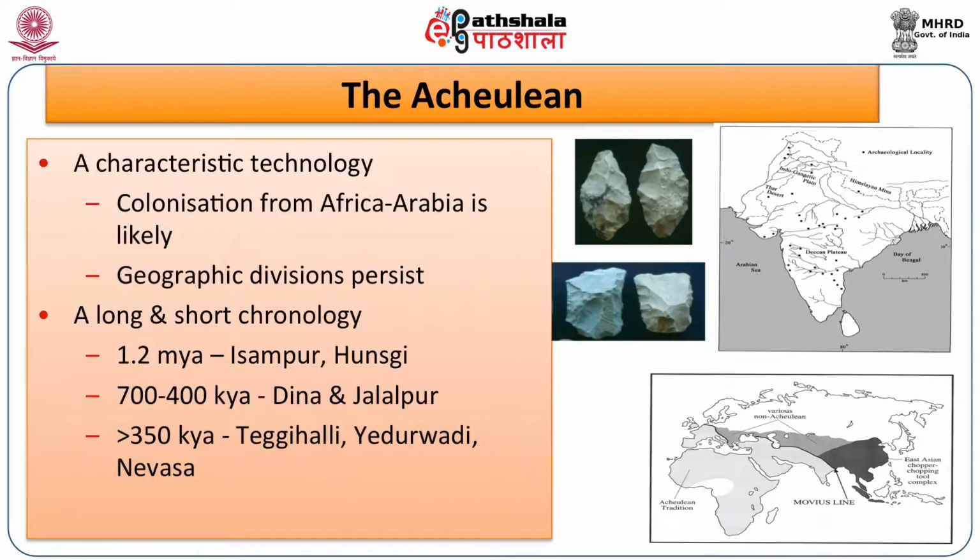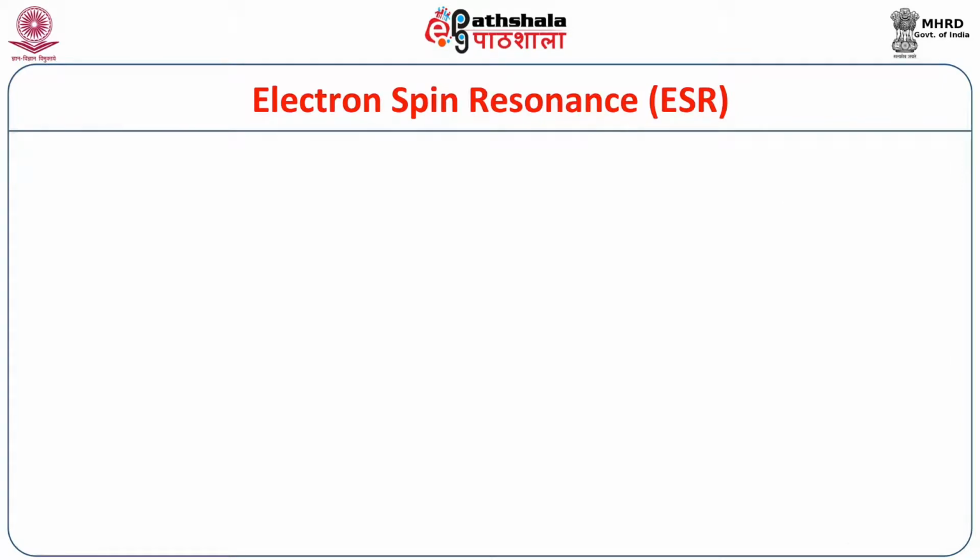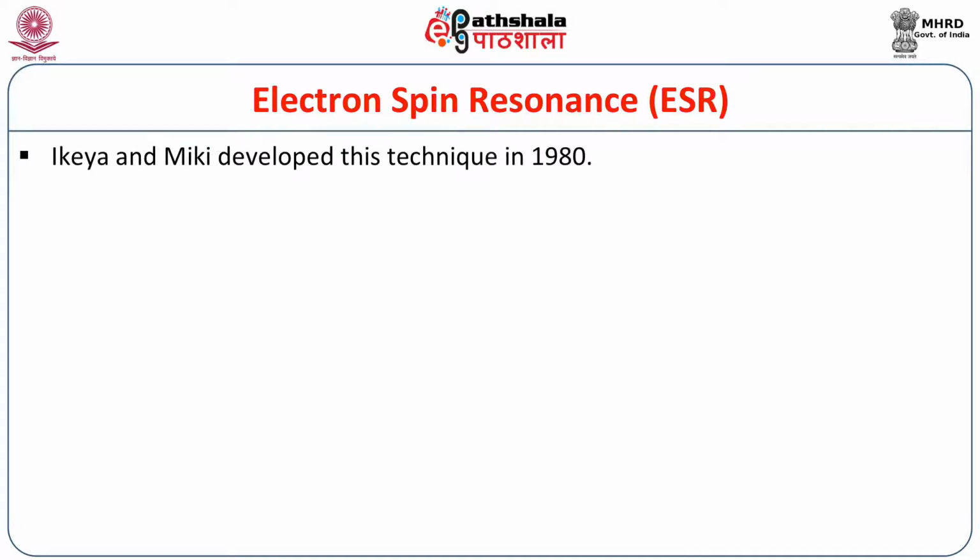For instance, that famous Ishampur Paleolithic site was dated as 1.2 million years ago. Then like that, you have several sites that have been dated through this radioactive decay method. And another one is electron spin resonance, that means ESR dating. Dickey and Milky developed this technique in 1980.